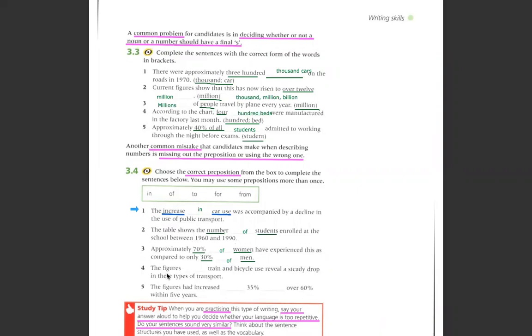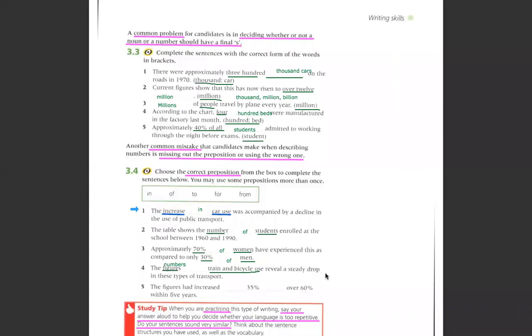Okay, number 4, the figures, train and bicycle use. So this word, the figures, is another word for the numbers. So the figures or the numbers, something, train and bicycle use, reveal.